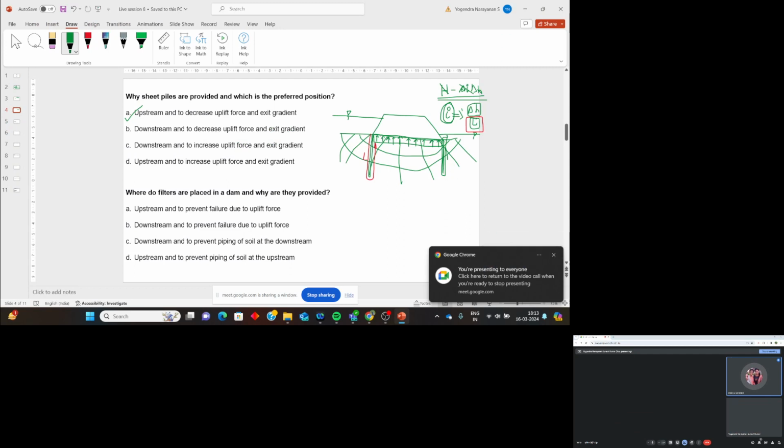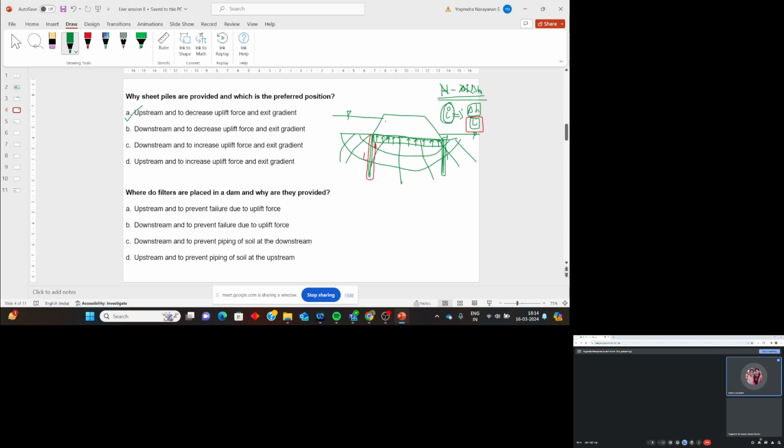Those are filters, not sheet piles. Okay, I will come to that. The next question is on filters only. Okay, sir, thank you.